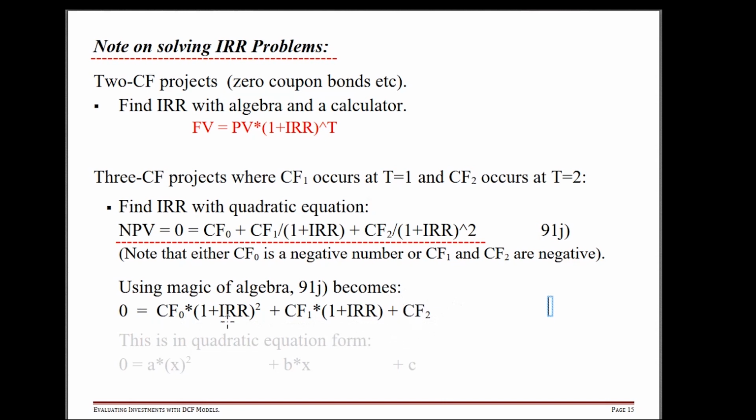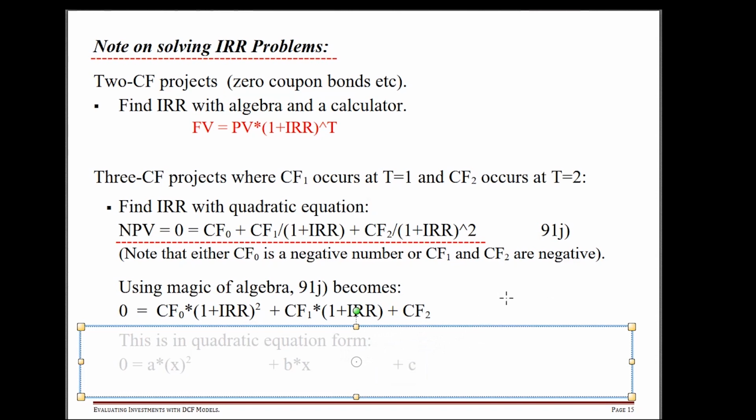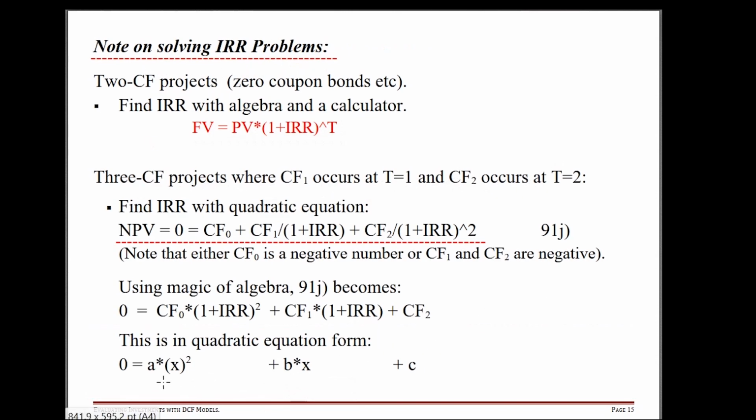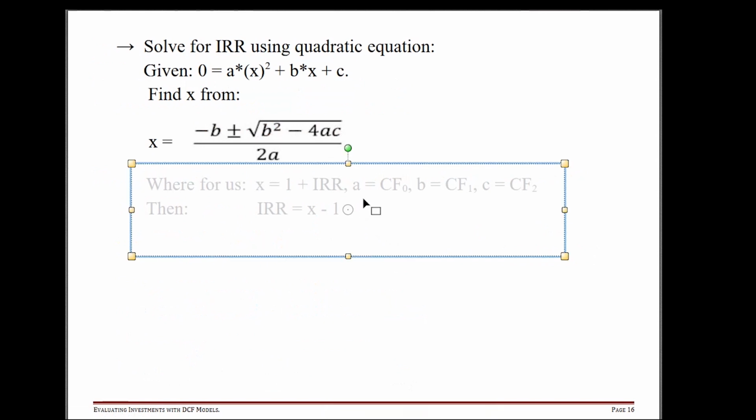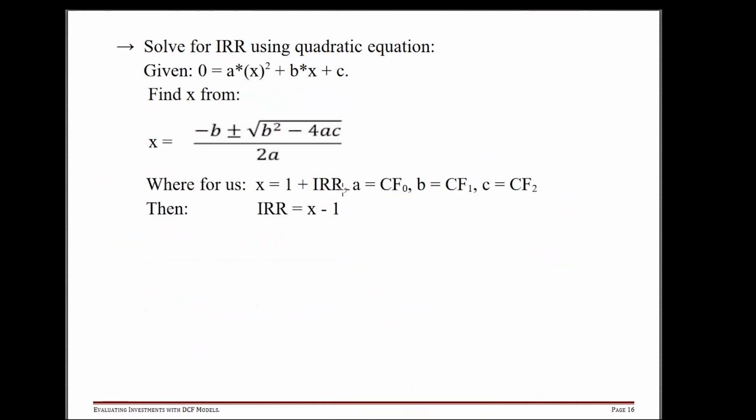This is our classic find the roots of a quadratic equation, a parabolic equation, and it is exactly of this form: 0 equals ax squared plus bx plus c, where in our case x equals 1 plus IRR, a equals CF0, b equals CF1, c equals CF2, and then IRR equals x minus 1.